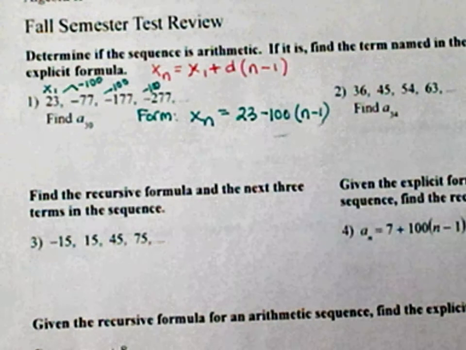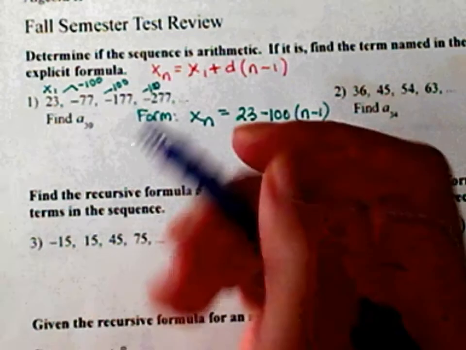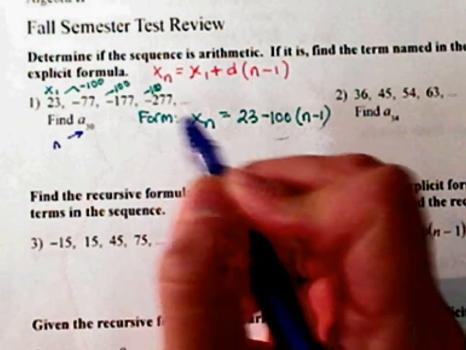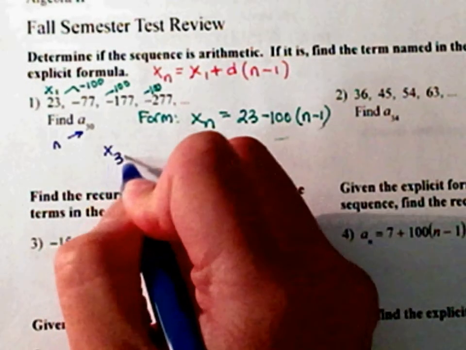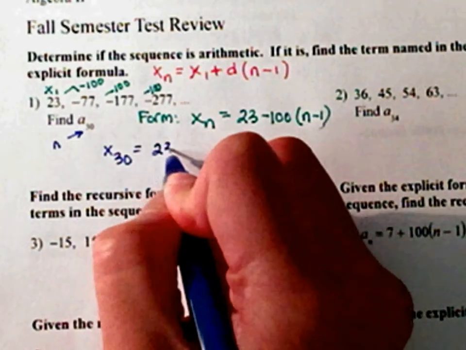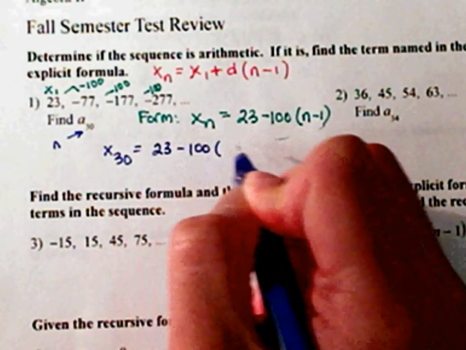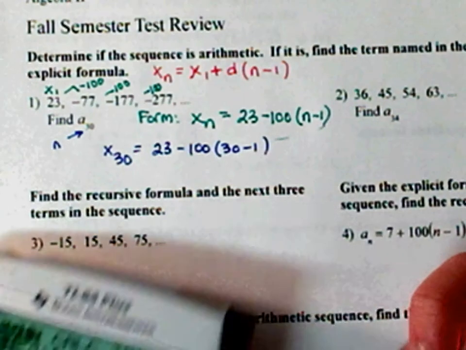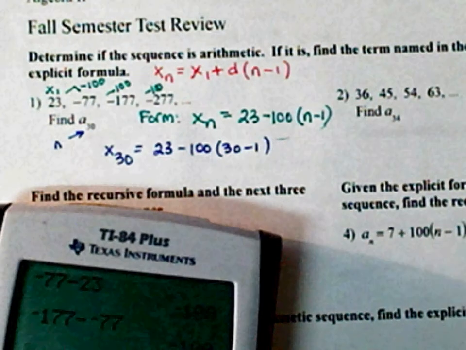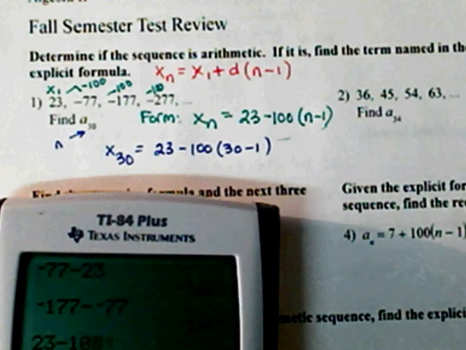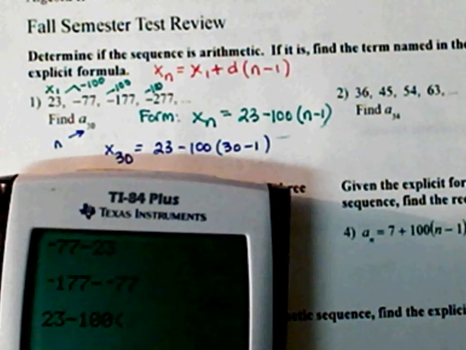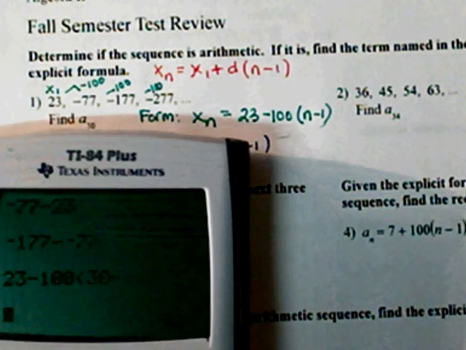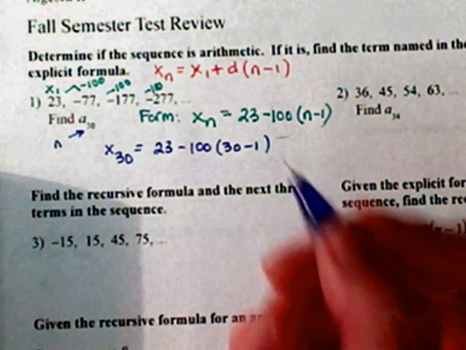To find the 30th term, that means your n is 30. So you're going to plug in x of 30 equals 23 minus 100, parentheses, 30 minus 1. You can type that into your calculator. So the 30th term will be negative 2877.